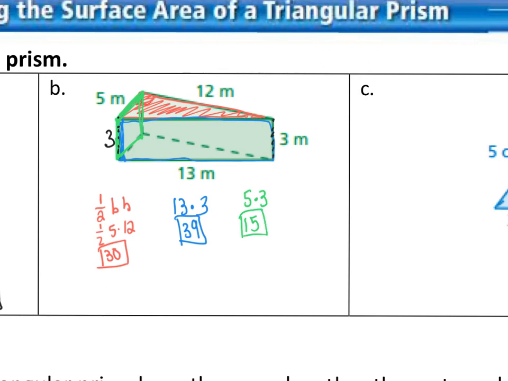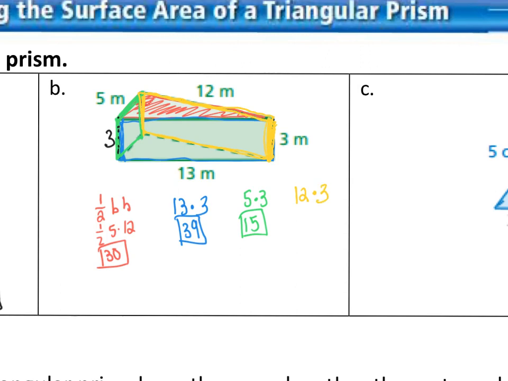Okay, and finally, we need to get that back side face that we see would be on the opposite side. It would be nice if we could turn it and color it if we were in class, okay, but we can't. Okay, it has a base of 12 and a height again of 3.